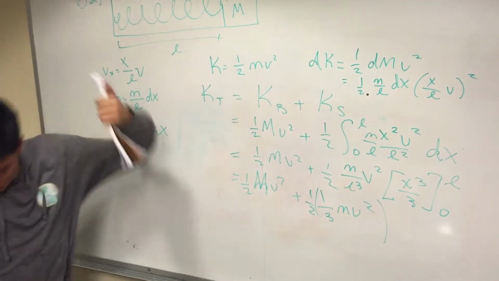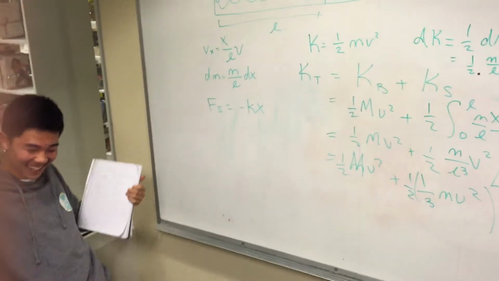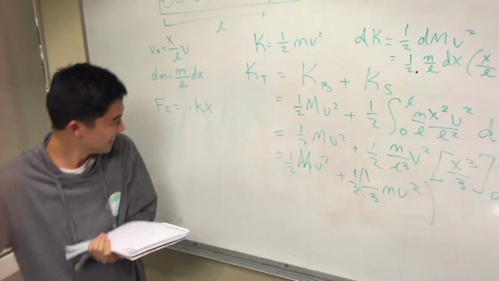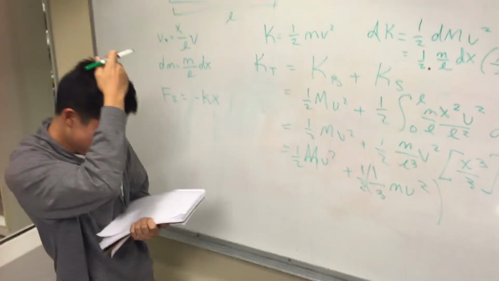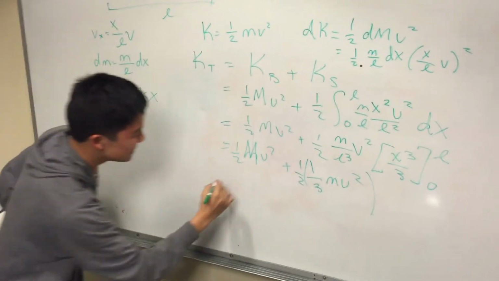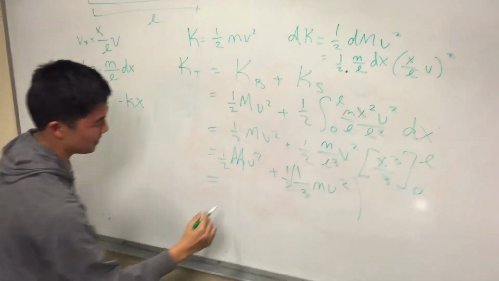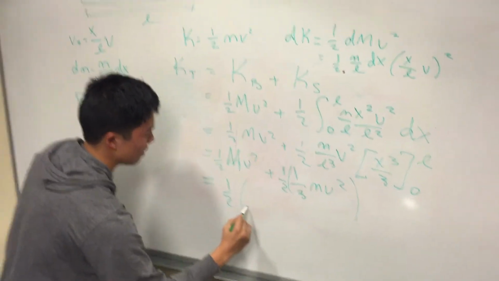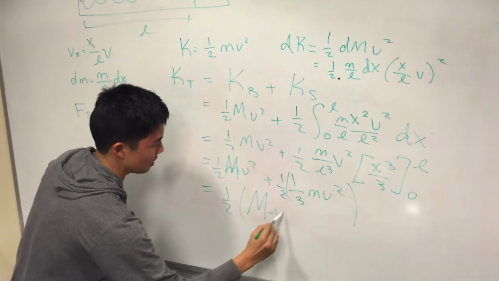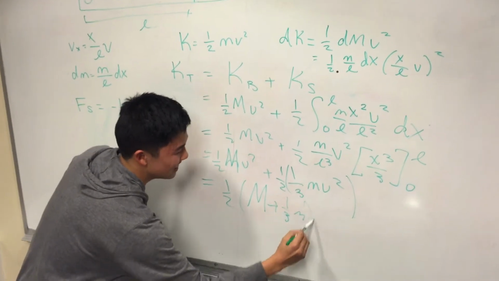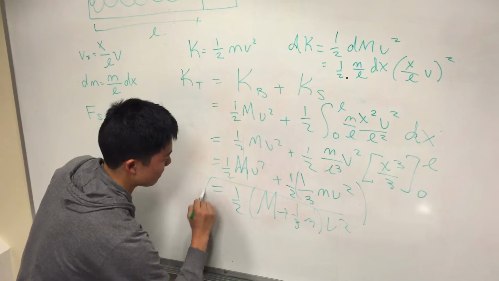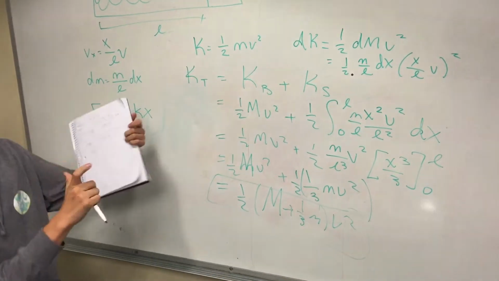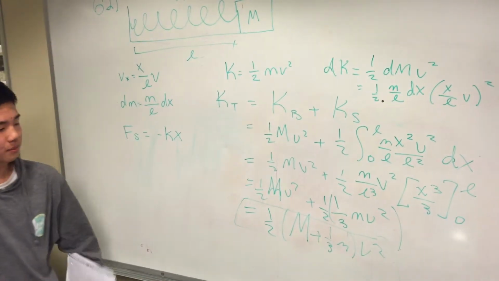If you simplify this, you'll get 1/2 (big M plus 1/3 m) v squared, and that is the kinetic energy of the entire system of the spring and the block added together.